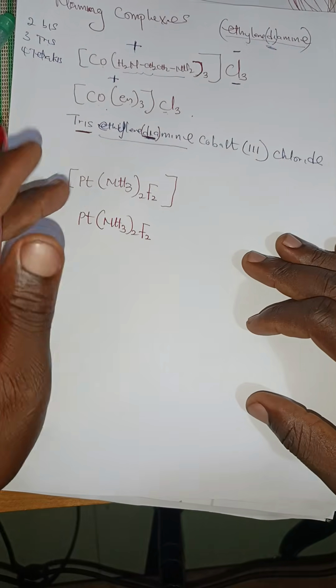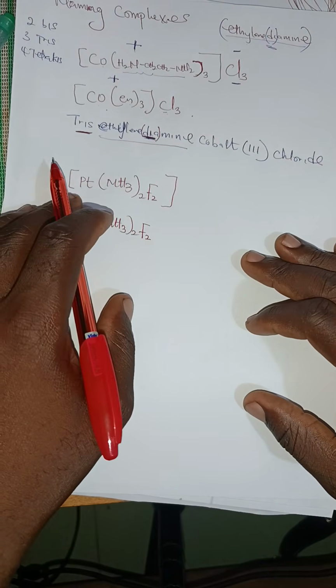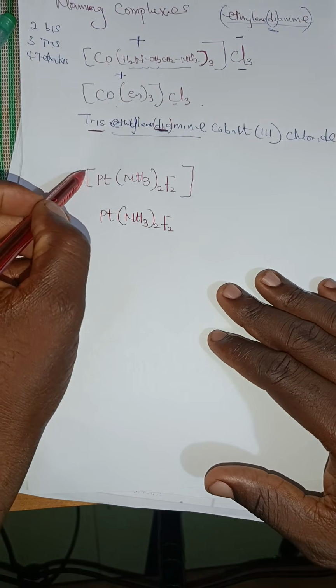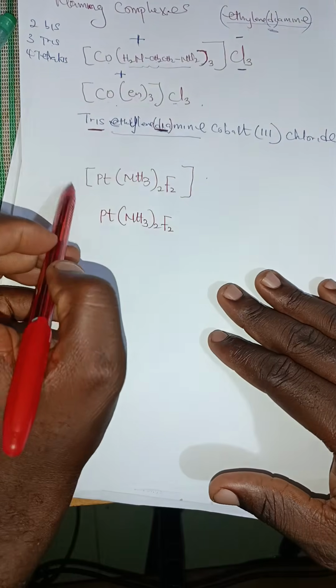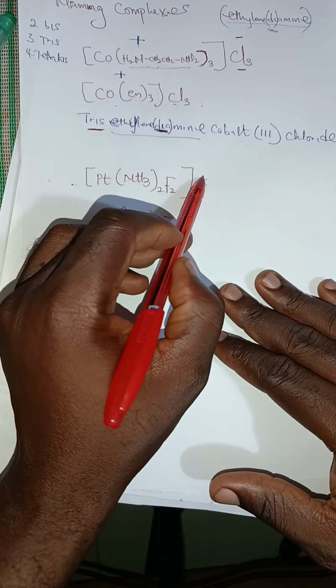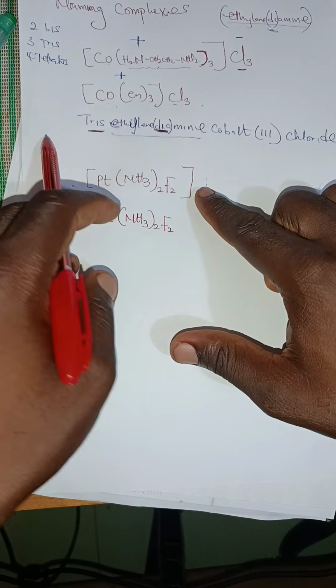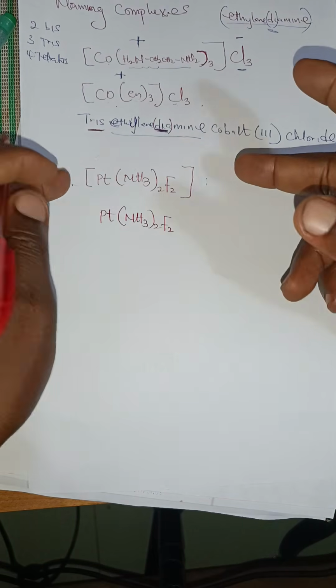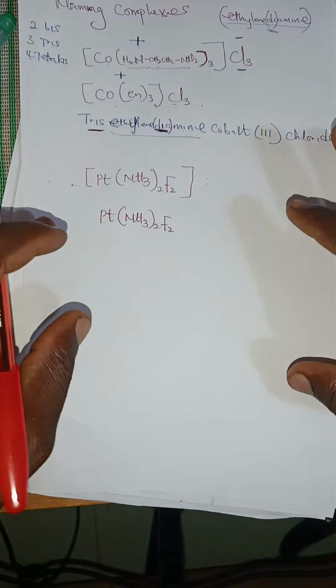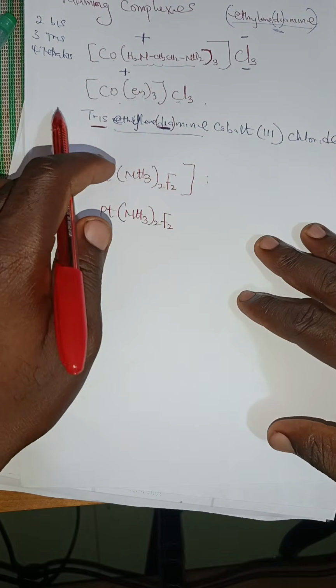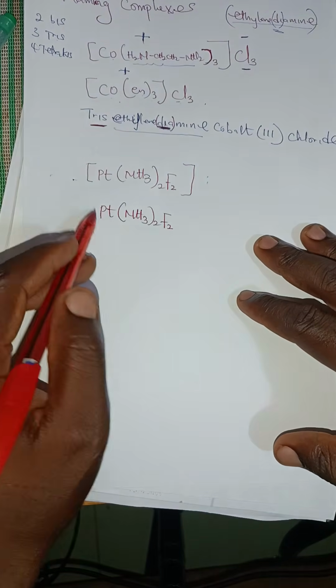Then let's talk about this last compound. I said something about this compound. If you see, I use a square bracket and there's no counter ion and there's no charge on it. So these are complexes that don't have charge. It doesn't have a counter ion beside it. It is not positive, it is not negative, so it is neutral. Most times they don't use a square bracket when it is neutral. You see it this way.